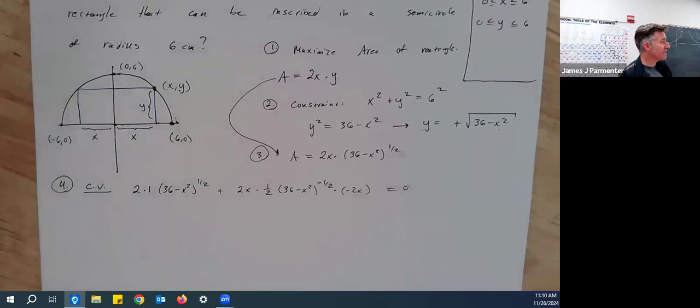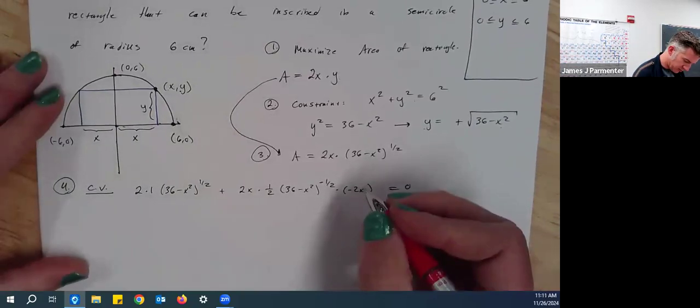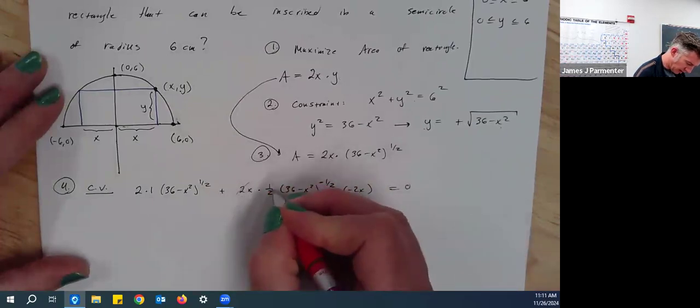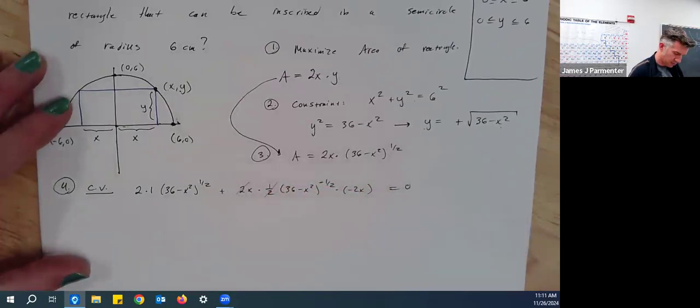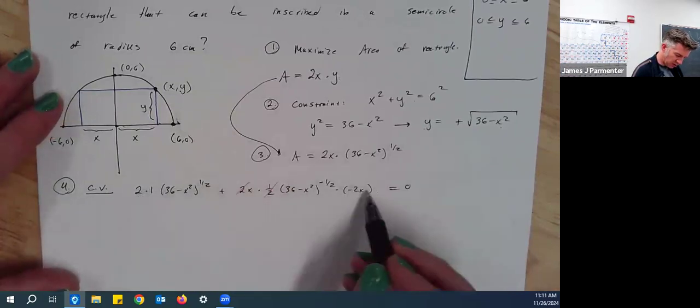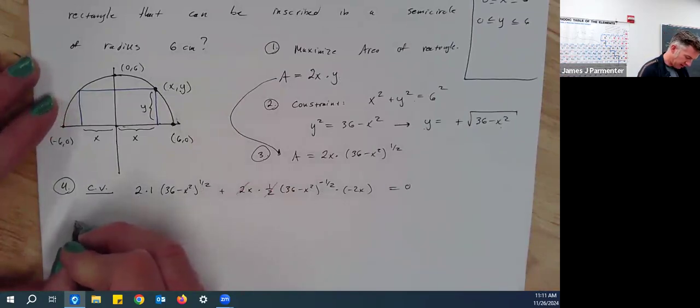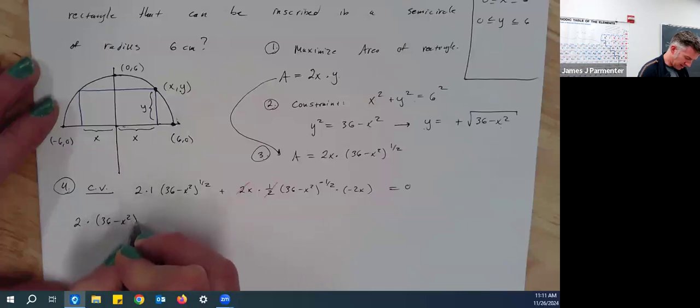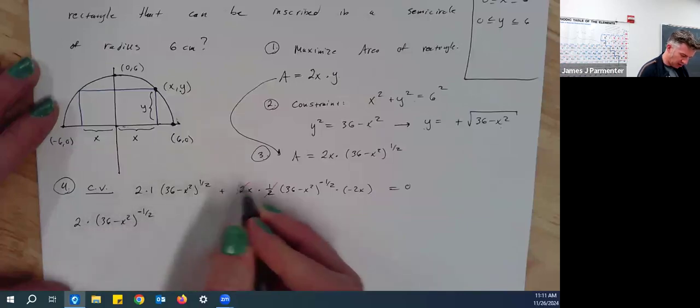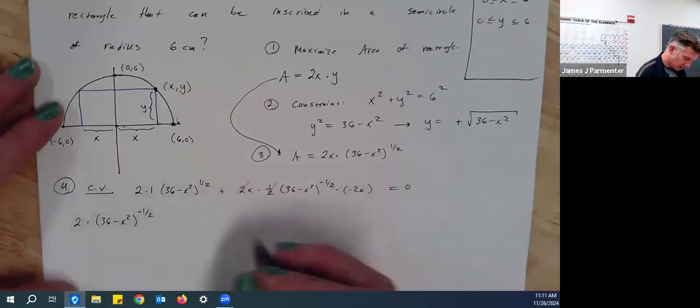This is definitely where we need to use our ability to factor things so we can actually find the critical values here. I'll do one thing here: I'm going to cancel a 2 here with the 1/2 here. And then I should have done this in the beginning, but I didn't. I'm going to factor out a 2 and a 36 minus x squared to the negative 1/2, always the smaller power of the thing that's occurring.